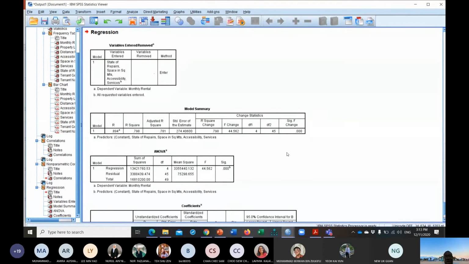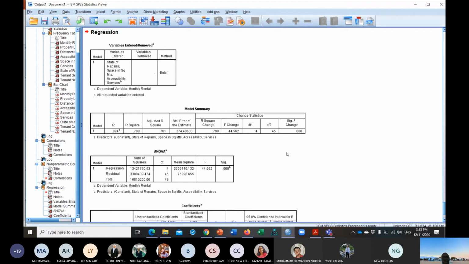So that is the meaning of R square, because in reporting the regression, your reader wants to know if this contribution is large or small. What does that translate to? That means the other factors that we have screened out, or the other factors that have not been considered in this regression, are responsible for the remaining 20% contribution.